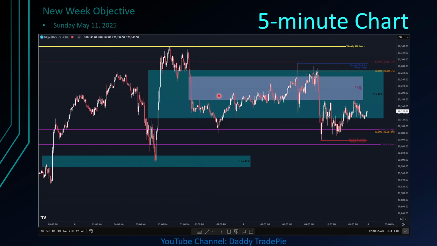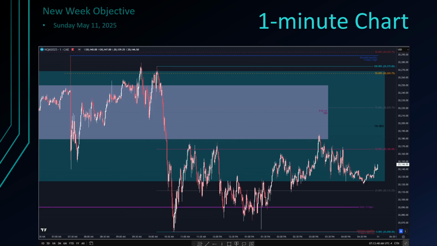Also, if you pay attention from the beginning of Friday's trading, most of the time the market was gyrating in the lower half of this 1-hour fair value gap and created a little bit of a run higher into the top portion of this inefficiency, but again very fast started going lower to the lower half of this inefficiency.